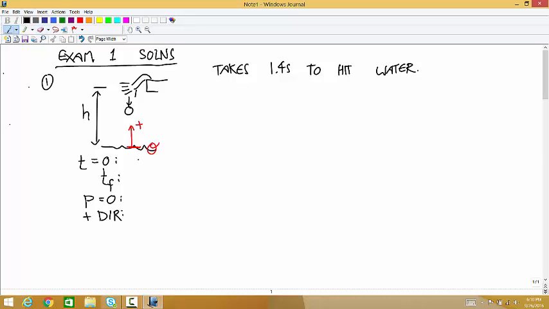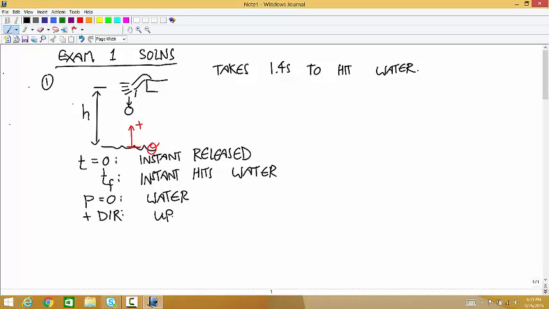The time equals 0 is going to be the instant that it's released. Time final is going to be the instant it hits the water. P equals 0 is going to be the water, and the positive direction is going to be up.